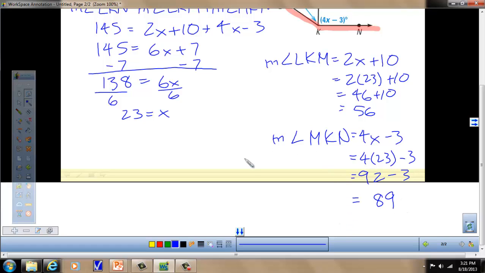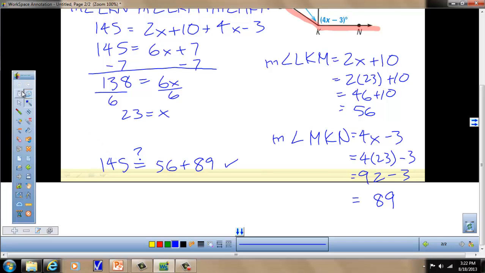And the way that we can tell that we've done this right is these two angles should add up to 145. So if you want to check that, you can say 145, and you can question it and say, is that equal to 56 plus 89? And if we add those two together, those check out. 56 plus 89 does equal 145.